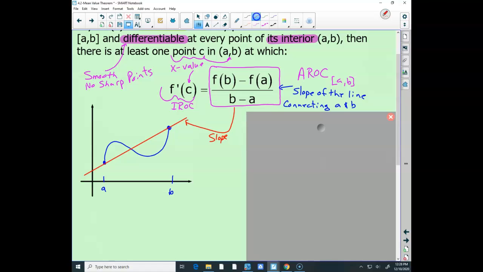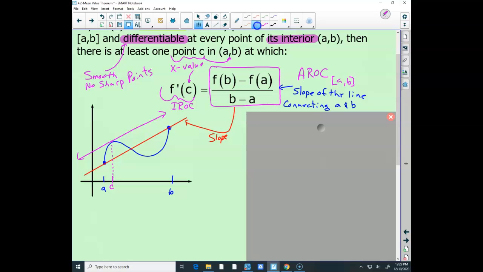Well, what this mean value theorem says is, somewhere inside a and b, as long as it's continuous and differentiable, there exists some point, and we're going to call it c. I'm going to throw that little bugger right about here, such that the instantaneous rate of change, or the IROC, or the line tangent to the curve at point c, is going to be equal or parallel to the average rate of change.